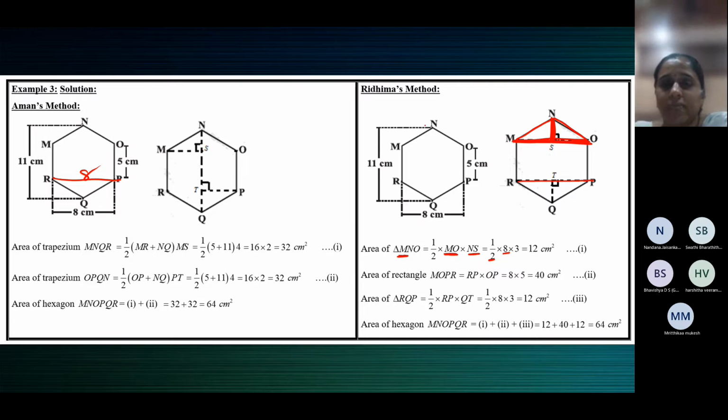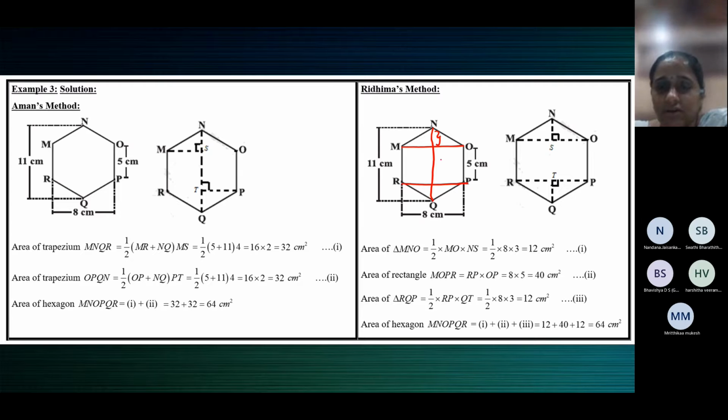Now this full thing is 11. It's divided into 3 portions.